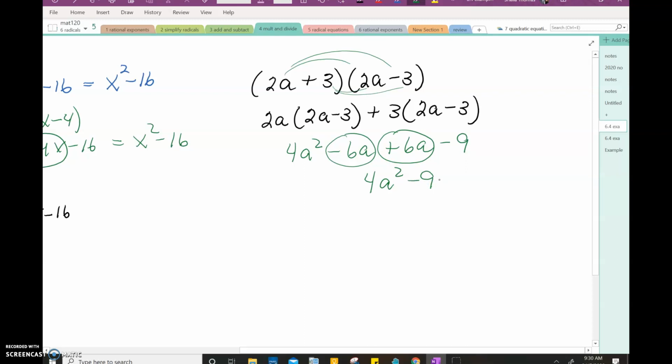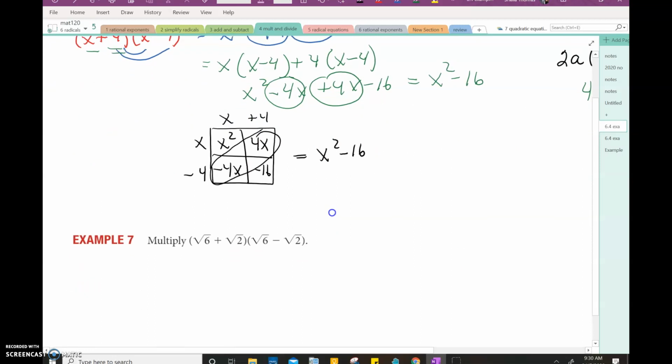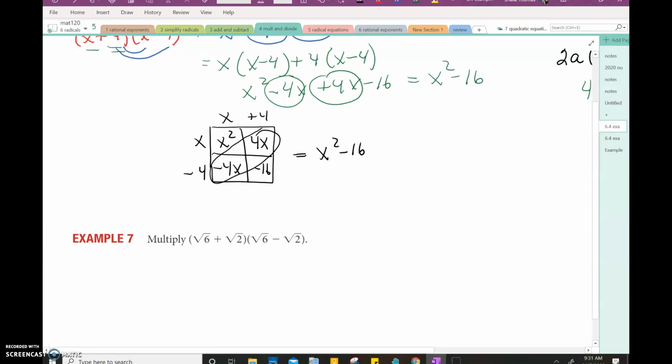So that's the old concept, and we're going to pull off of this concept to work with multiplying radicals. Same concept. Okay, so I'm going to look at the first term and multiply it by the second binomial.